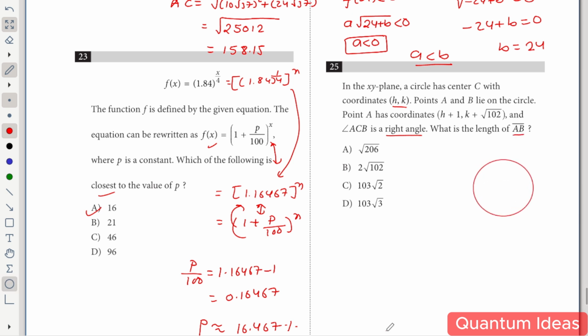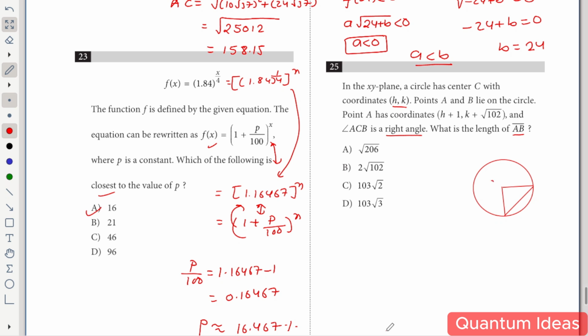So there is a circle, and let's say there is a center here, and let's make a radius. I think there is a right angle, so let me make it a little bit straight. Sorry, let me make it more accurate. Okay, now it's fine.